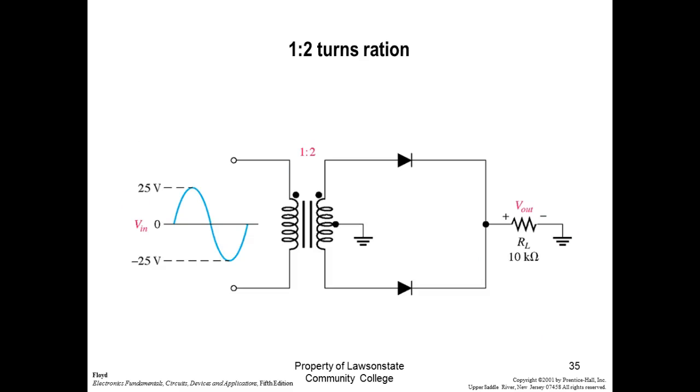So what would be our output voltage? Now calculate this for me. We have a 1 to 2 turns ratio. Now notice the 1's on the left, the 2's on the right. So what does that mean? That means this guy's going to step up. This is a step up transformer.